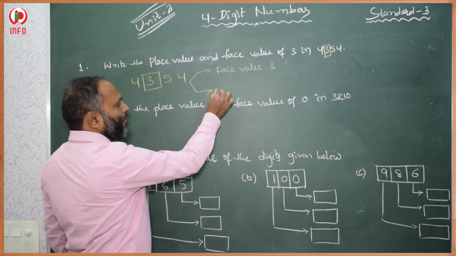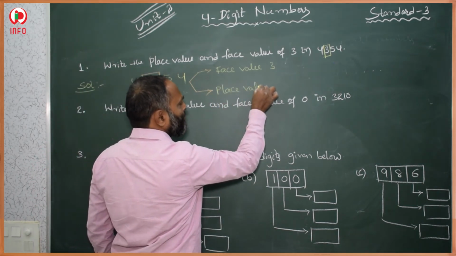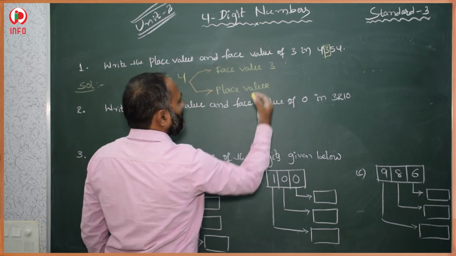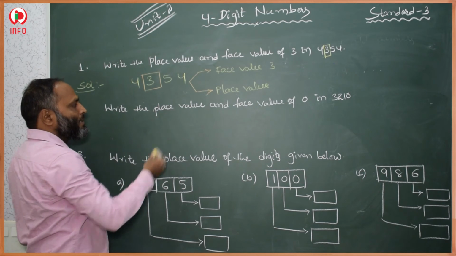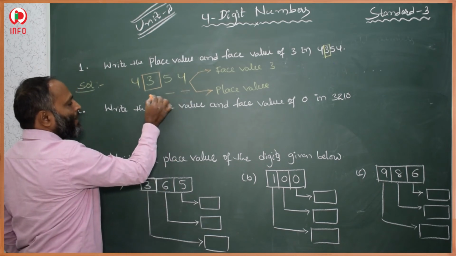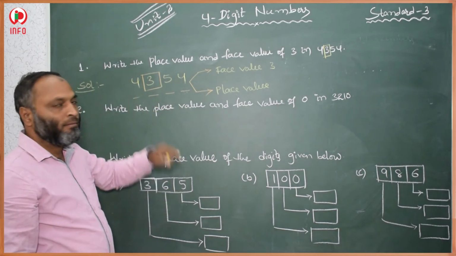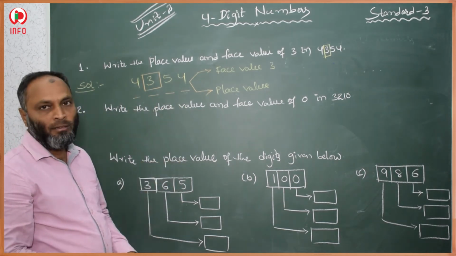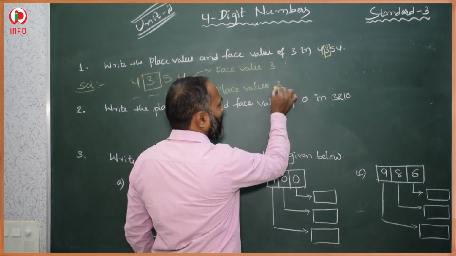And the place value: here 3 is in the hundreds place. This is the ones place, tens, hundreds and thousands. 3 is in the hundreds position, so that is why the place value of 3 is 300.